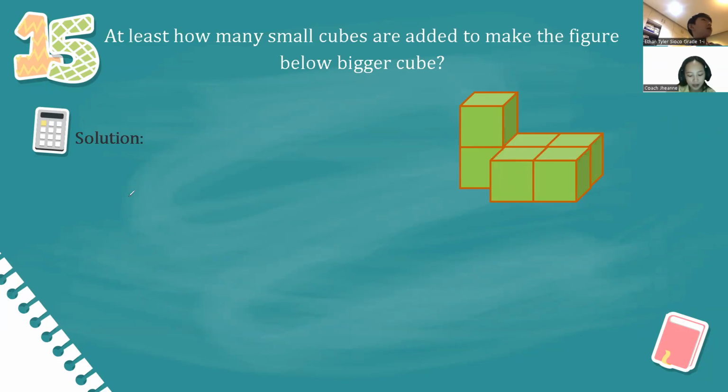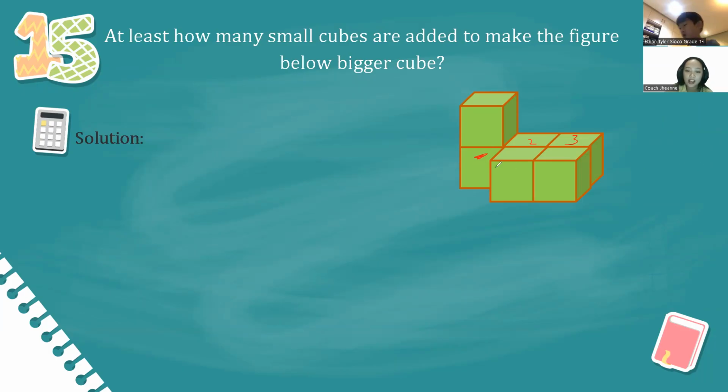Now, the figure here shows that the longest possible side of, yes, Ethan? Okay, never mind. It is shown here in the figure that the longest possible side of this cube is 3. Here, you can see this one here, 2, 3.